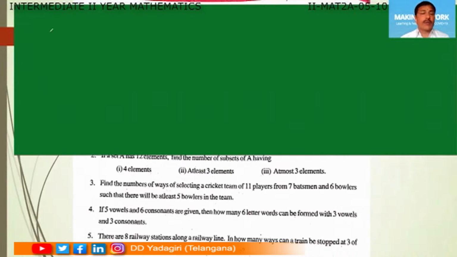Now, the second problem. The number of elements in the set A is equal to 12.